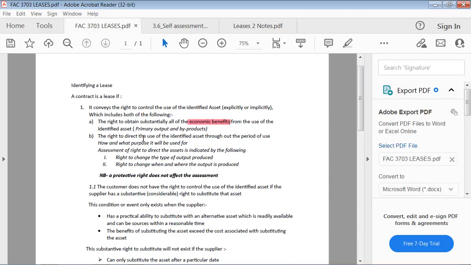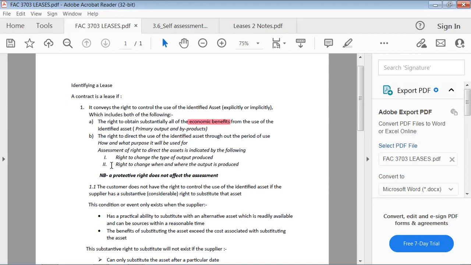So how do you identify direction of use in a given scenario? You will pick up things like, as I said here, assessment of the right to direct the asset is indicated by the following: the right to change the type of output produced, the right to change when and where the output is produced. If you have those, that means predominantly you have the right to direct the use.